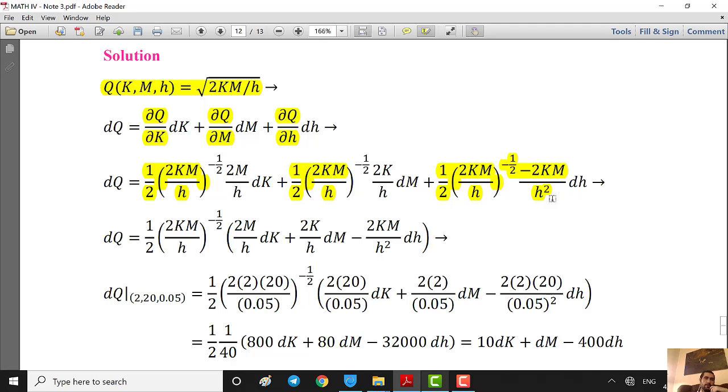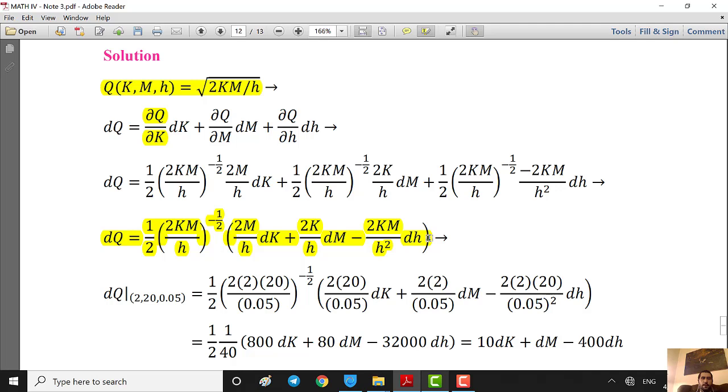You have to make sure that all these results are correct. Now, if we factorize (2KM over H) to the power minus 1 over 2, which is common between all these coefficients, we're going to reach this.